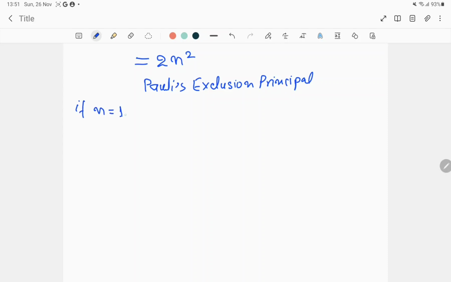That is, if n is equal to 1, then K shell, 2 into 1 square is equal to 2 electrons in the first shell.